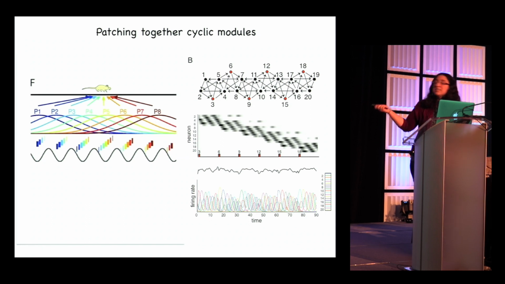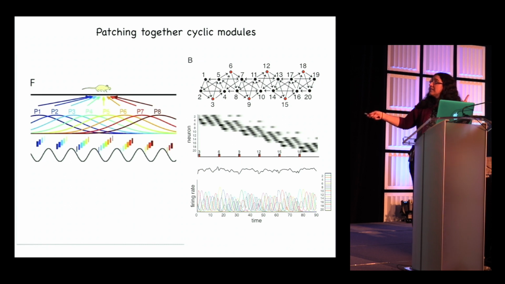But just to give you an example, here I have a motif that's just a cyclic 5 module. So this is cyclically symmetric, and I'm just gluing them together. So it's kind of like a continuum attractor. I'm gluing together attractors along a line, but instead of being fixed points, they're all little limit cycles.